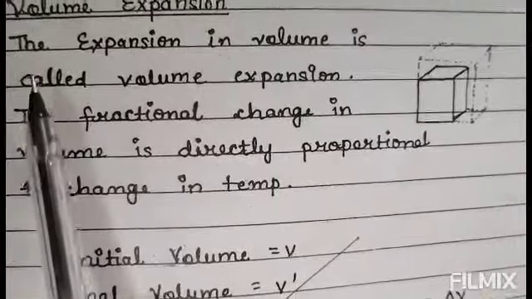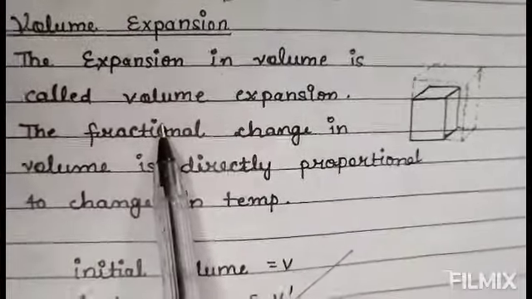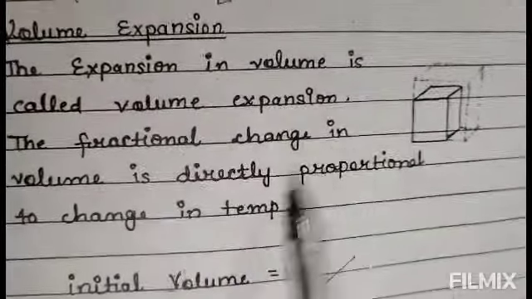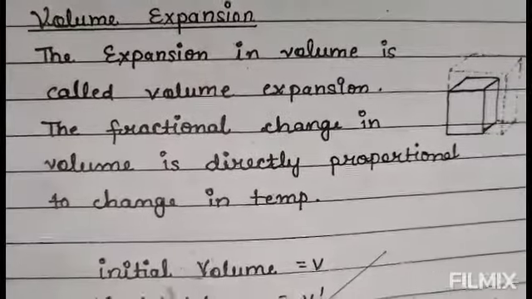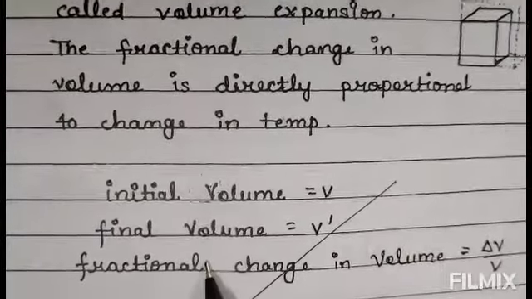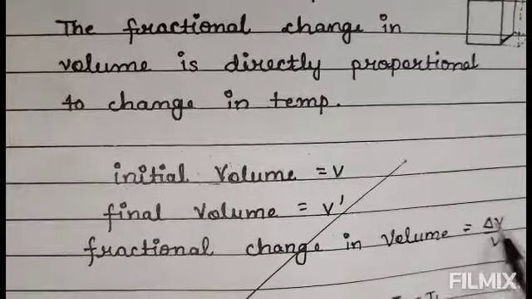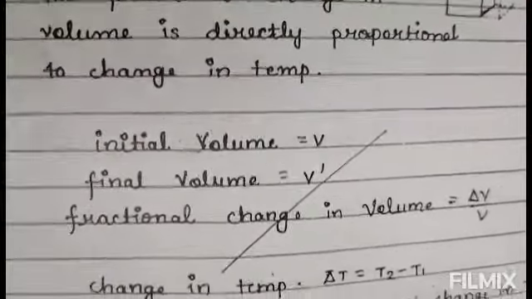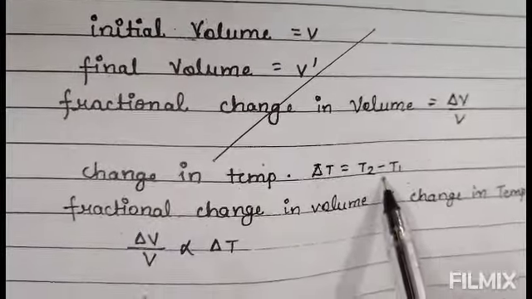The expansion in volume is called the volume expansion, and the fractional change in volume is directly proportional to change in temperature. Suppose the initial volume of this cube is V and the final volume is V dash. So fractional change in volume is del V upon V. Change in temperature is del T, and it is equal to T2 minus T1.